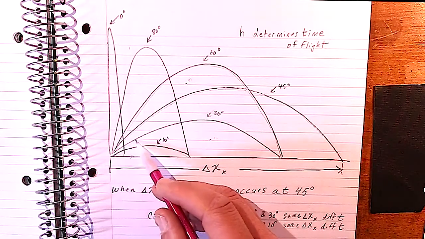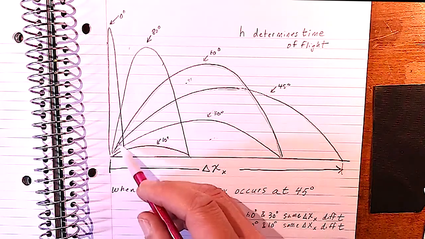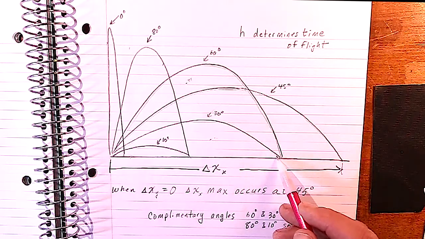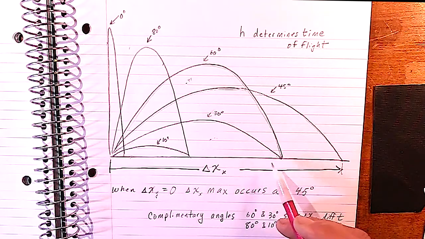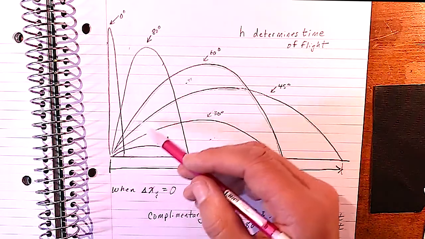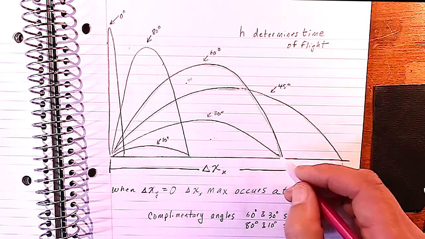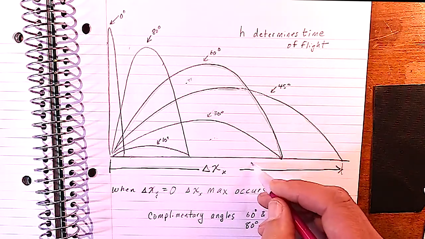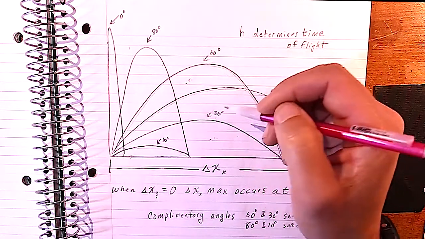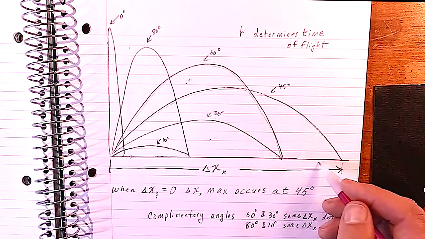As the angle increases, we get more vertical components, so we get more time, and the projectile can travel further. Now, it turns out that there are complementary angles here. So launching at 60, although it will go higher, it will travel exactly the same horizontal displacement as at 30. And that's true for any two angles that add up to 90 on a flat plane.